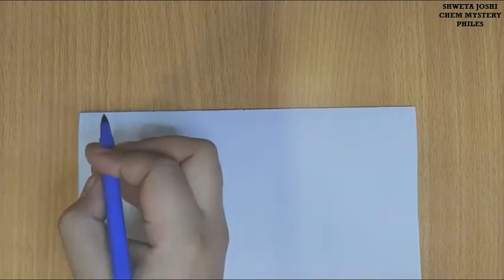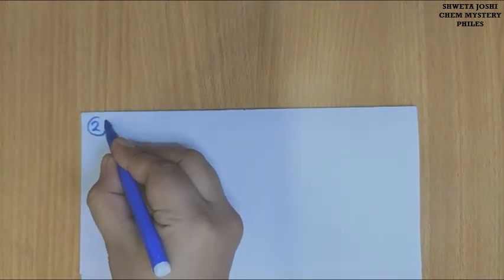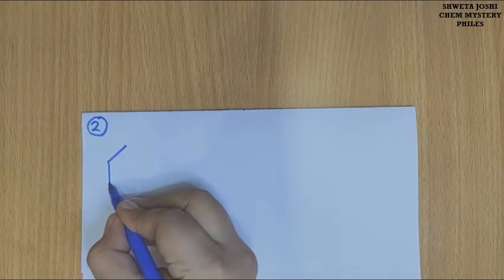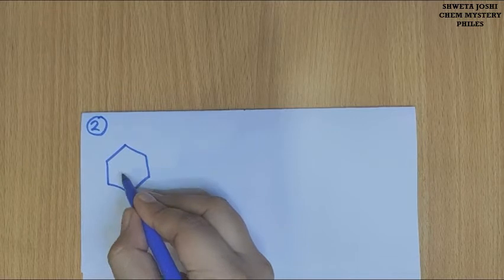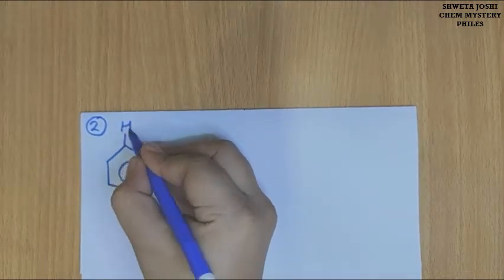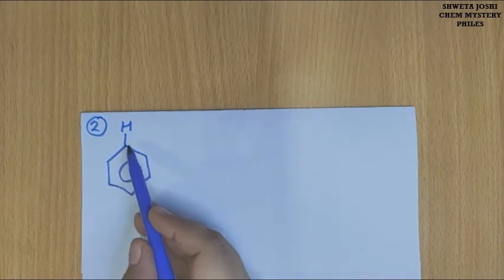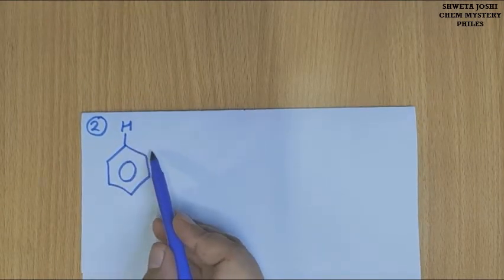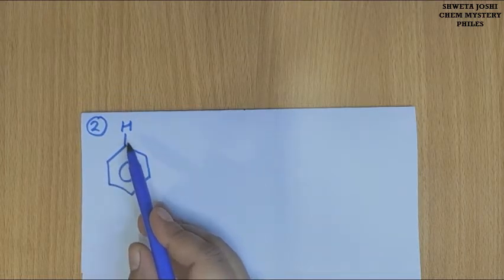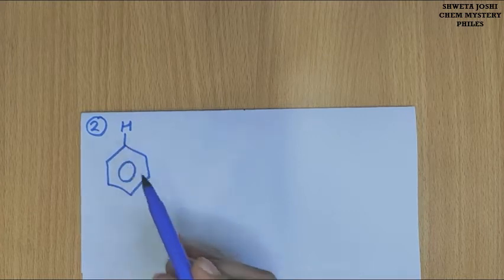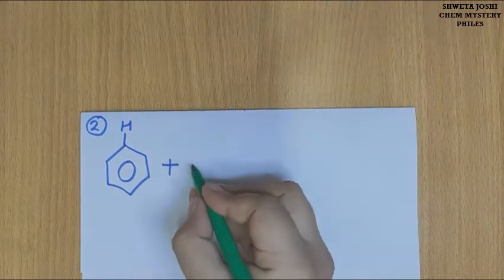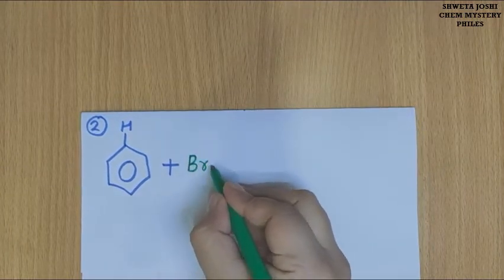Now covering the second example of halogenation. Suppose we are performing bromination this time. So we are going to react the benzene ring. This time we are showing only one hydrogen atom which we are going to substitute. The rest of the positions are also satisfied with hydrogen, but we are showing only the hydrogen which we are going to substitute. This we are going to react with bromine, that is Br2.